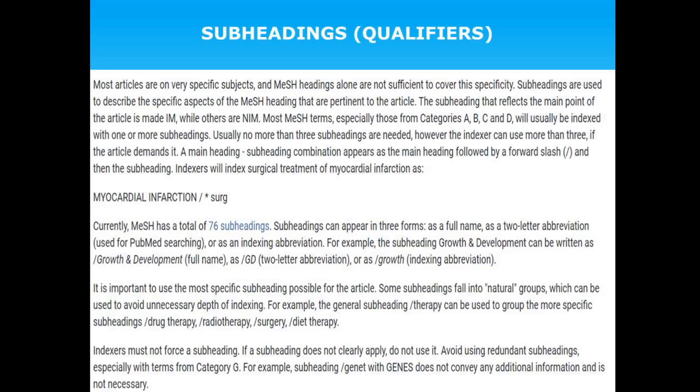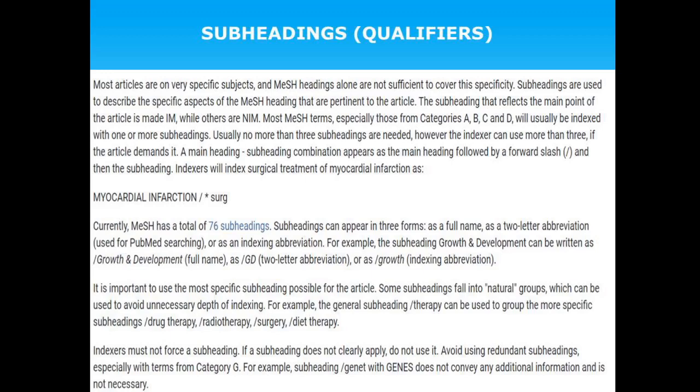Surgical treatment will be the keyword. So SURG is nothing but the indexing abbreviation. I will tell you what it is.